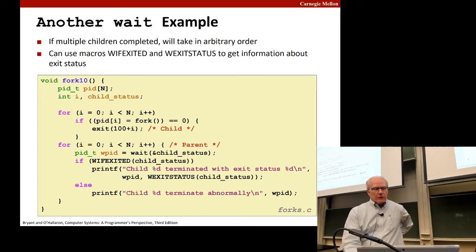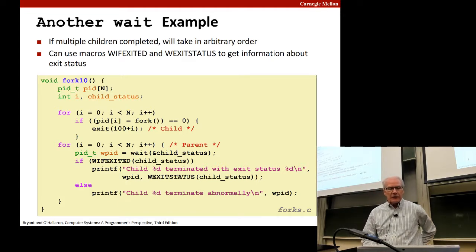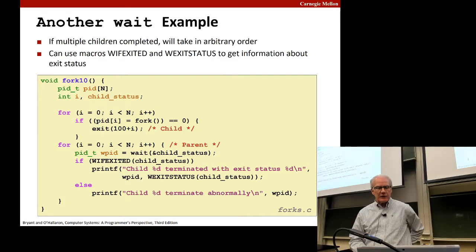In general, this example demonstrates that when you say wait, it doesn't presuppose any particular order in which processes will complete. They can happen in any order. This code is okay; we'll look at similar but buggy code later.